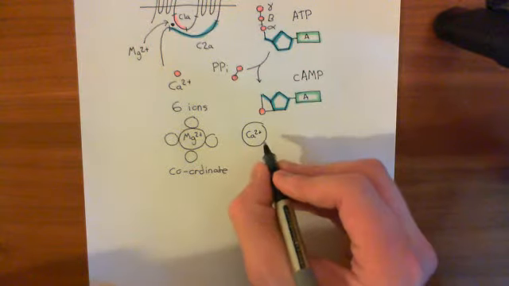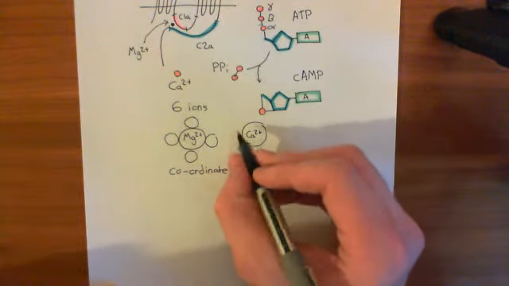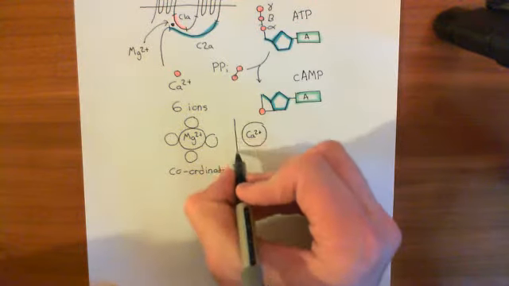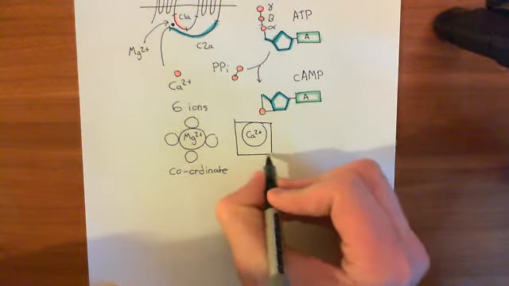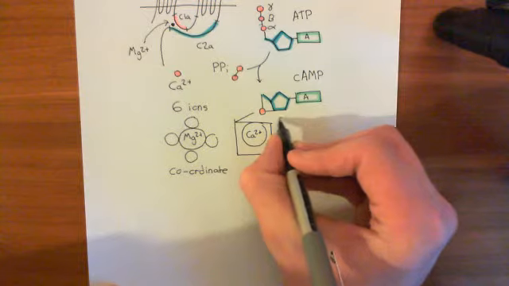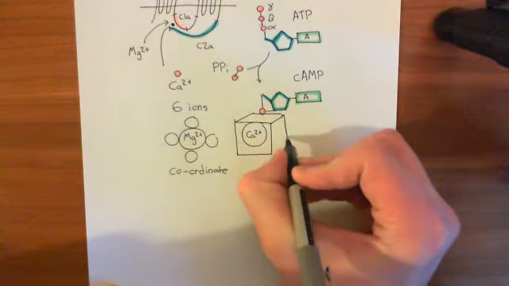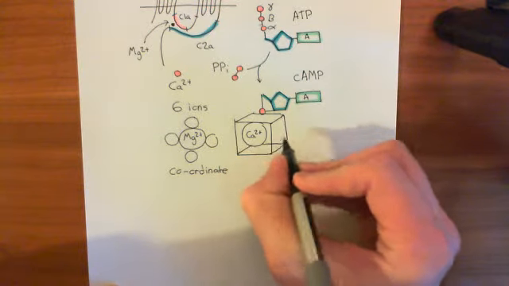Calcium is bigger. It can coordinate more things. What it can do instead is form 8 coordinate bonds, and I won't be able to show this in the same way as that. So instead I'll draw a cube around the calcium ion, and basically the corners of the cube represent where the chemical species that are being coordinated with the calcium ion will sit.